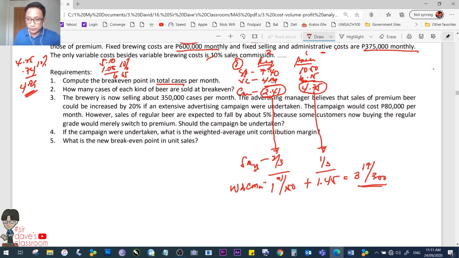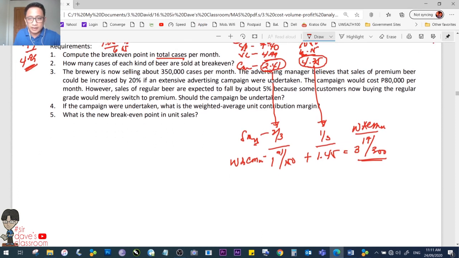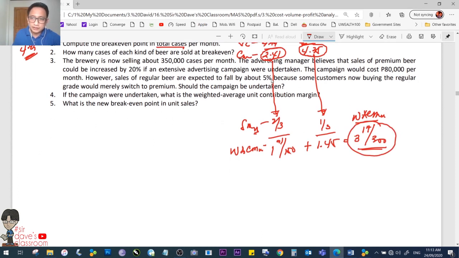Now that you have computed for your so-called weighted average contribution margin per unit, you go back to the assumption as if you are now computing for a single product company. So, total fixed cost, still number 1, you have 600,000 plus the 375,000, alright?